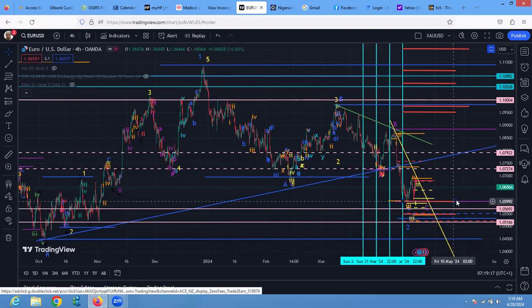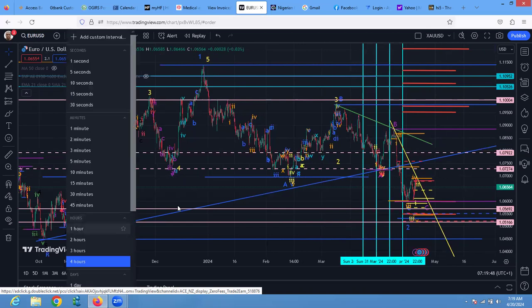This is 78 right here, and this is 85 at this point, and the last area here before this last pitch is 88. So these are areas that we may have a push down to touch before we get a reaction. If we're going to get a reaction here, then the price will have to take the low. If we're not going to get any reaction here, the price will break this top. That's what I'm saying. So let me go to the 1 hour time frame.